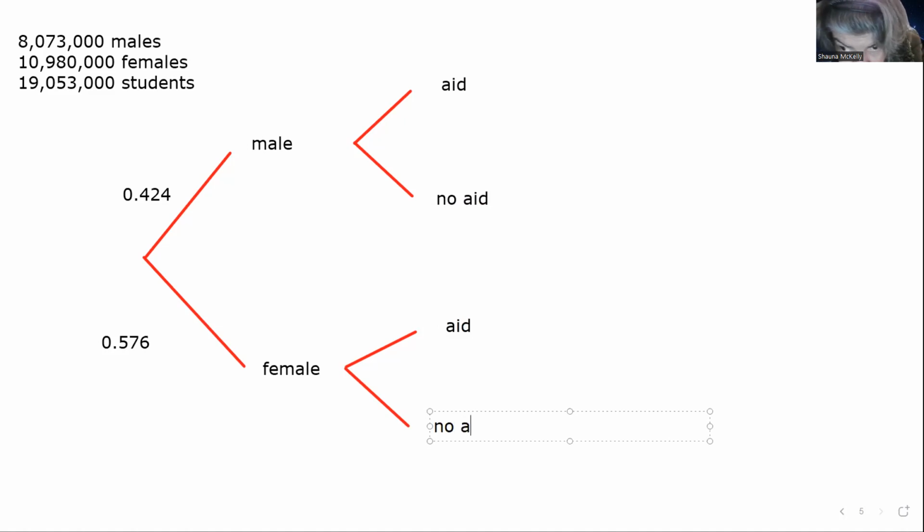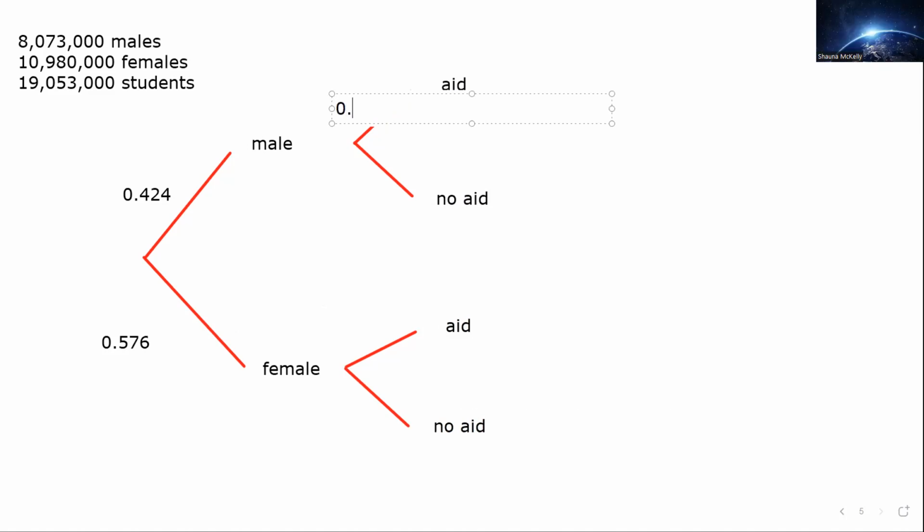Now, if you were male, it said that 60.6% of the males. So go to the males and find aid. It said 60.6% had aid.